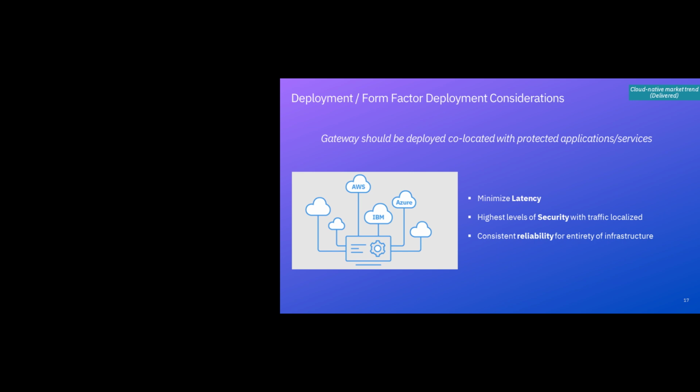So minimize latency. And of course, you have the same reliability. If I'm in an AWS data center, my application's there and my DataPower is there off of one network segment, it'll be basically the same reliability level for that infrastructure. So some smaller capabilities there.